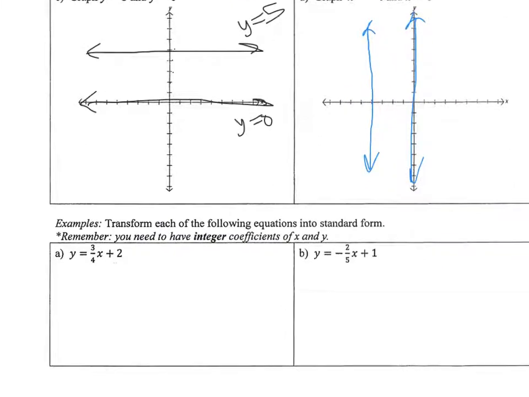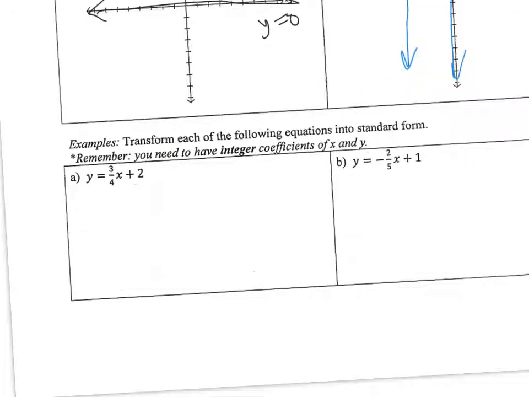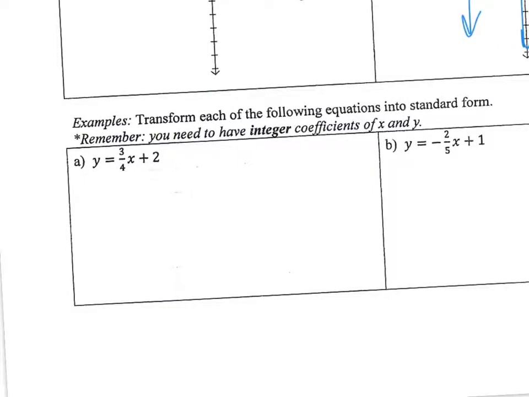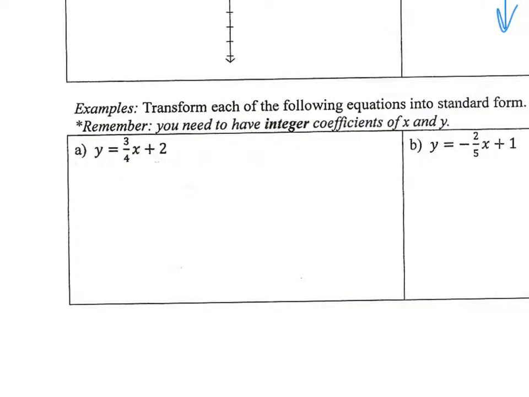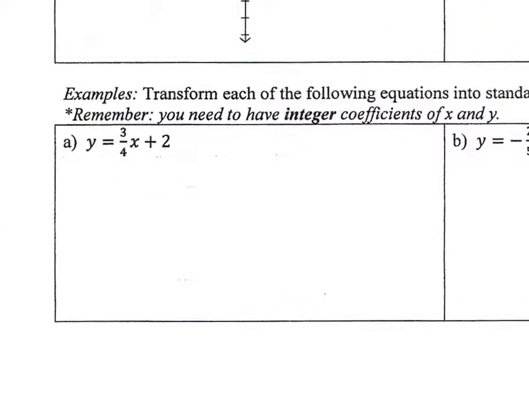The most difficult part maybe of writing in standard form is taking something in slope-intercept or point-slope form and writing it in standard form. So for standard form, remember, you have x and y on the same side, and then you need to have A, B, and C all integers. So to be all integers, what you're going to have to do is clear fractions.